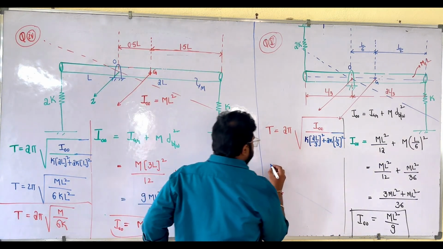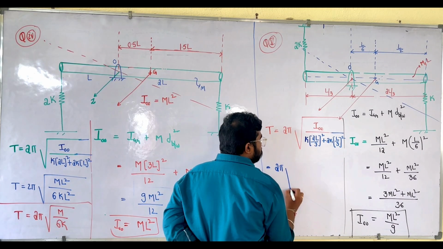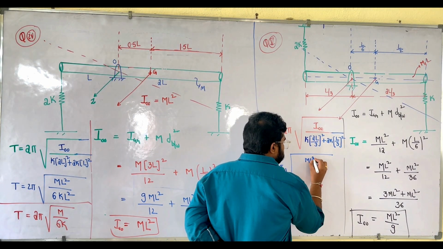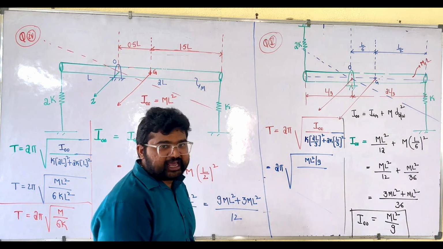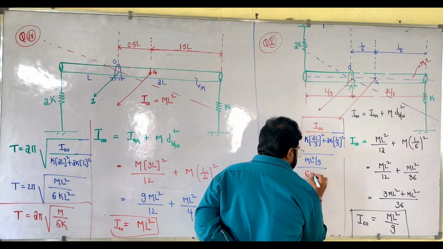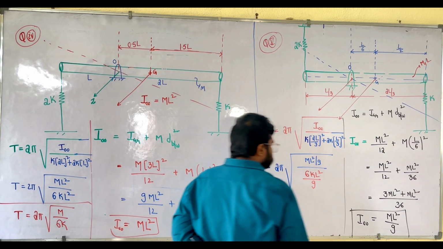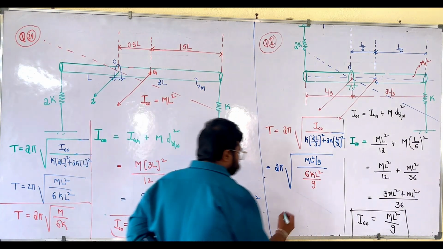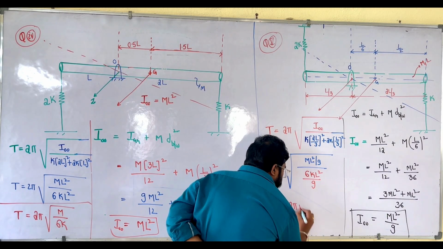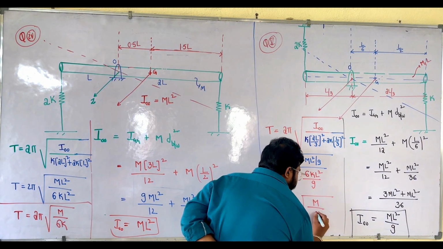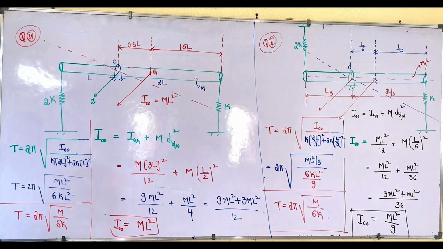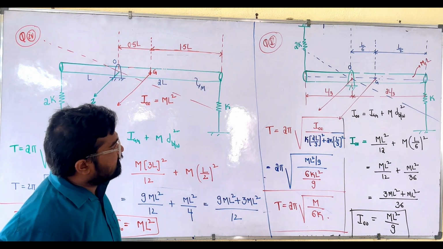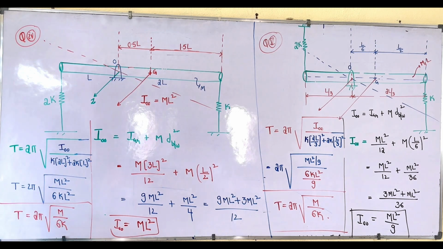Clear? So ఇప్పుడు చెప్పండి. 2 pi square root of ml square by 9 by 6 KL square by 9, is equal to 2 pi square root of m by 6K. Are you getting the same? Understood or not?